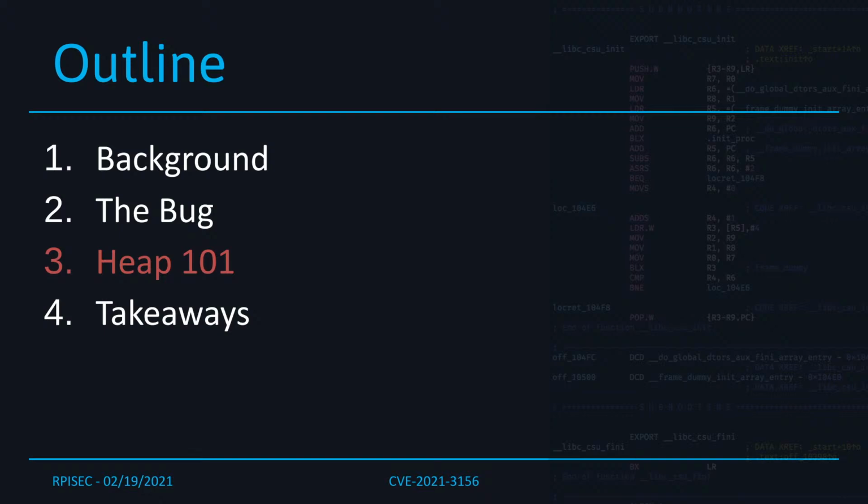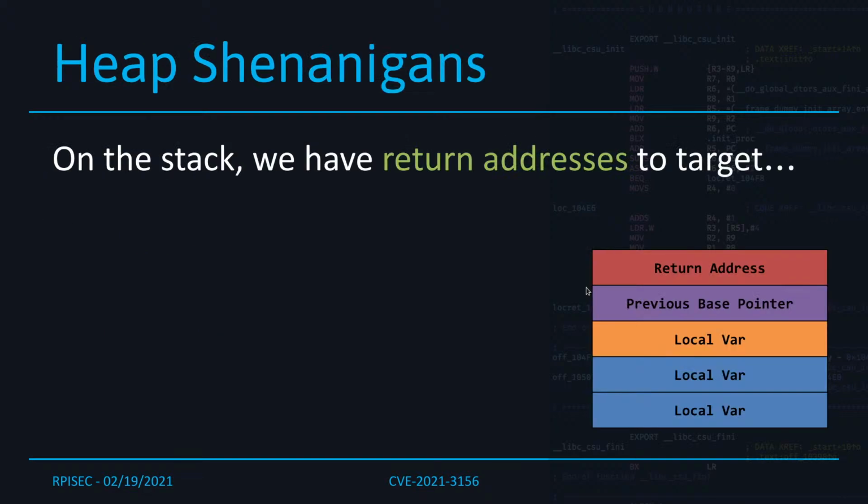So now that we know how to get to the bug, we actually run into another interesting situation. We haven't really talked a lot about the heap before, but last semester we talked pretty extensively about exploiting stack-based buffer overflows. On the stack, we have a lot of really interesting function metadata, and the one that we were really looking at a lot before was return addresses.